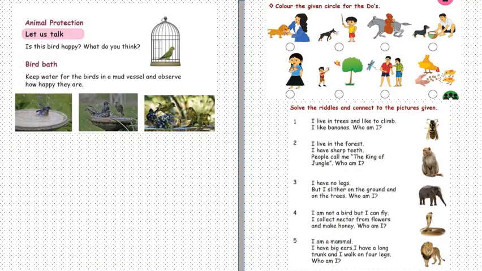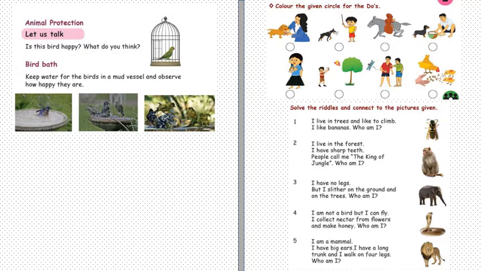Okay, here we have animal protection. So, a question has been asked with the picture, a parrot in the cage. Is this bird happy? What do you think? You can ask the same question with your child and see what they have to say. So for me, the parrot is not happy because it's caged in.